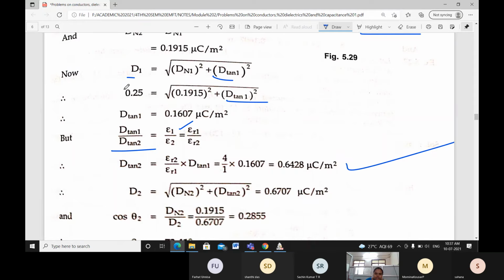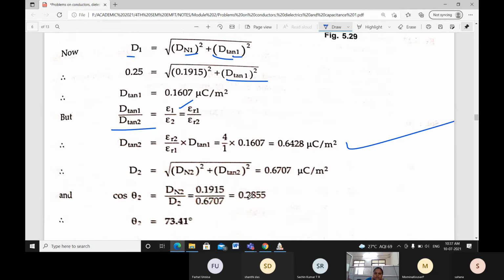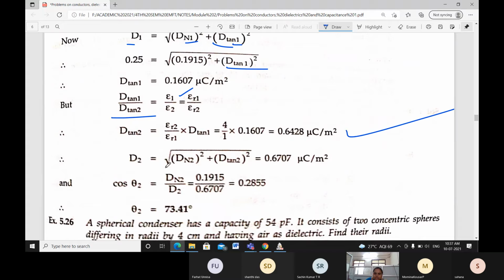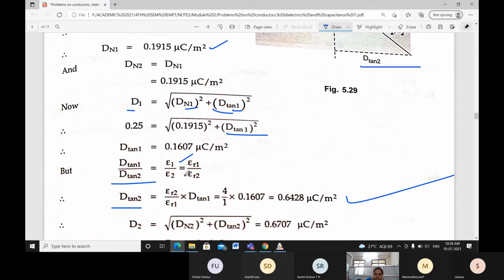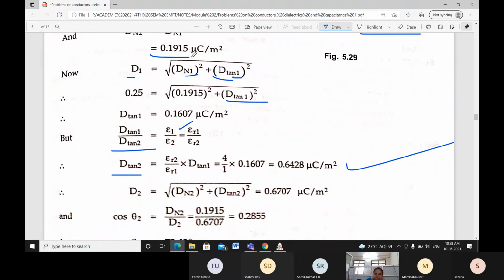Then what is our D2? Instead of D1, just replace with dN2 and d tan 2. The same steps apply; d tan 2 we know, and dN2 is the same value. After substitution we get 0.6707 microcoulombs per meter square.